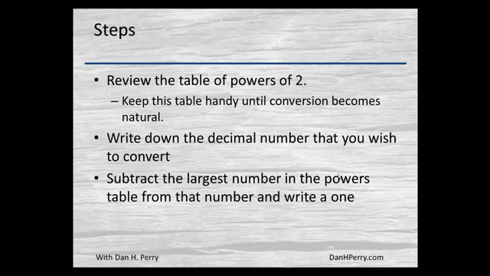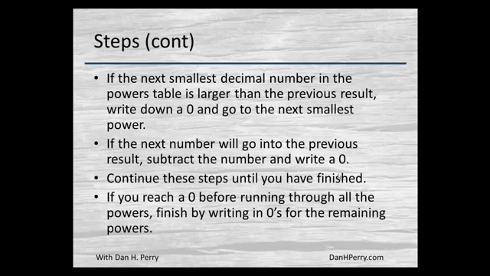Now, write down the decimal number you would like to convert. Then take the largest number in that powers of 2 table that is still smaller than the number you're subtracting, write it down and do a subtraction. Then do the same thing. Now, say the first number was 64.